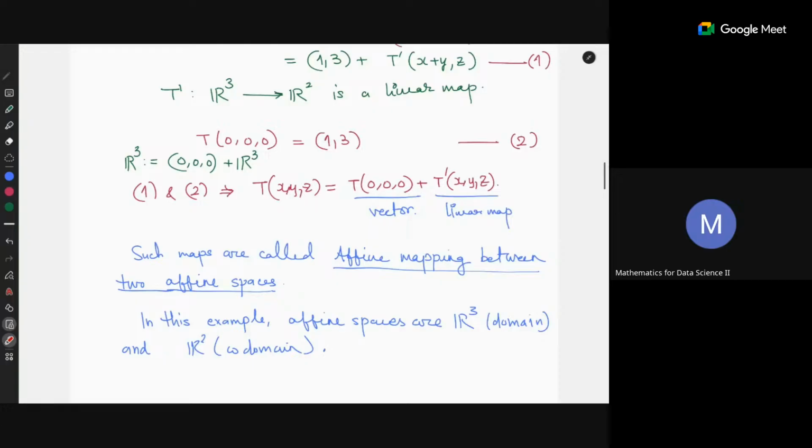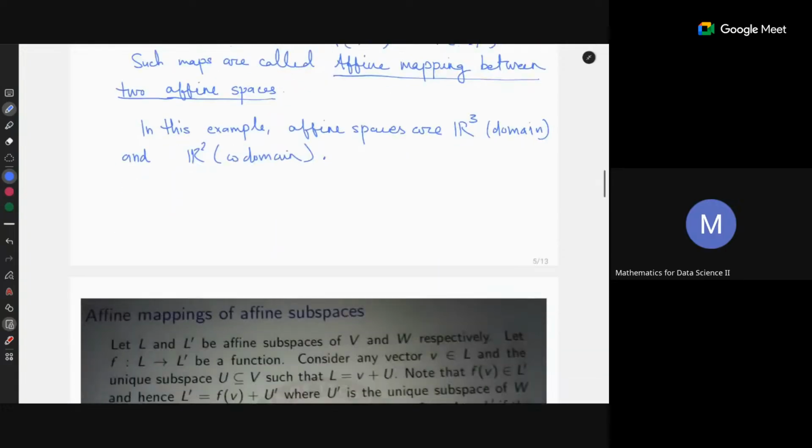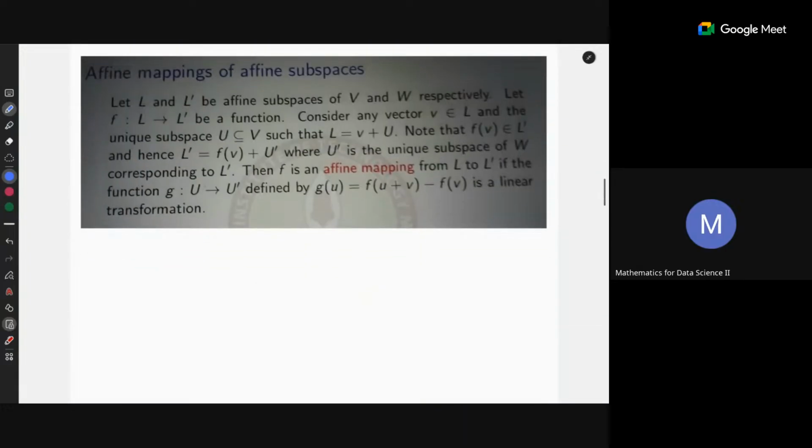You can think of this vector as 0, 0, 0 plus x, y, z, and minus T of 0, 0, 0 is equal to T prime of x, y, z. So their subtraction is equal to a linear map. All right. So while having this representation, we need to fix this V and U. We need to fix that.